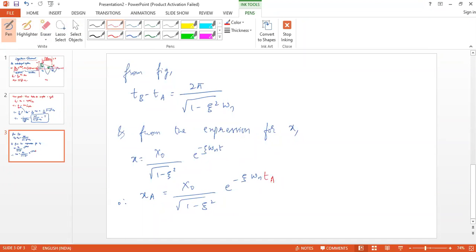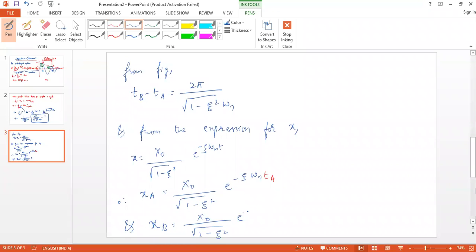Is it okay? And XB is equal to x naught by root of 1 minus zeta square, e power minus zeta omega n tB. Did you understand this? XA is the amplitude after some time tA. XB is the amplitude after some time tB.